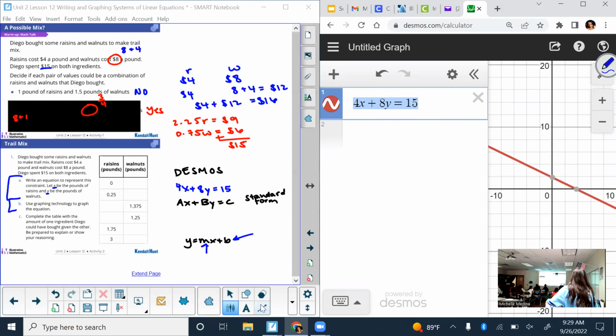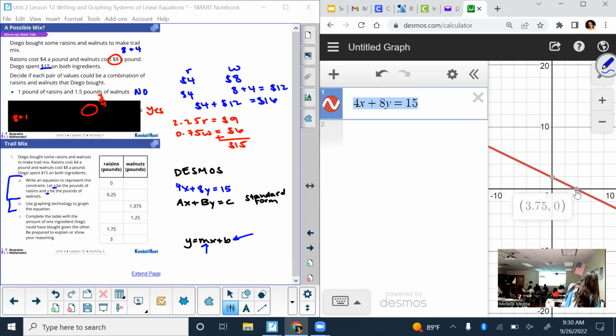So that's what your line should look like. If I needed to identify a few things like my y-intercept, you would just have to know where to find it on the graph. What's my y-intercept? Or what's the definition of y-intercept? Where it intercepts the y-axis.